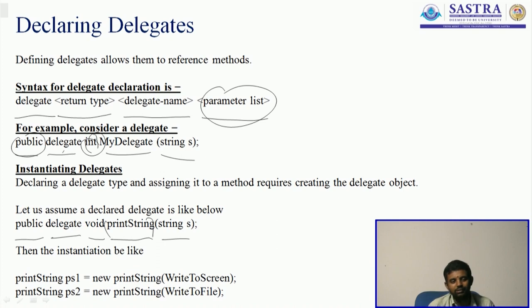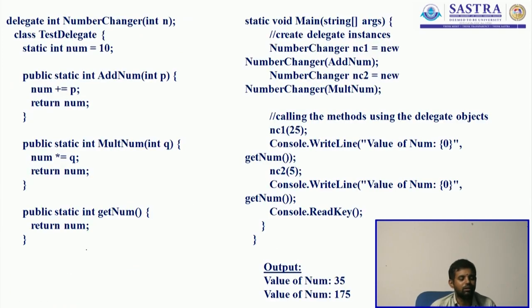We can understand this a little better if we go through a simple example. See here, we want to declare a delegate. So we have started with the keyword delegate int number changer, right?